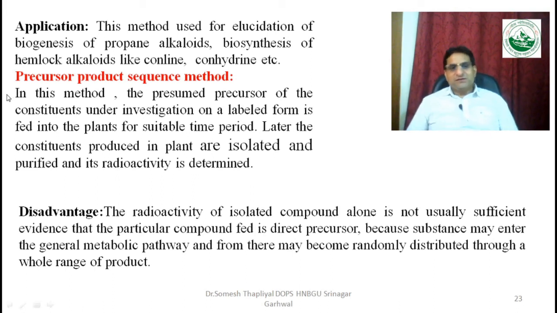But the disadvantage of this method is that the radioactivity of the isolated compound alone does not give sufficient information about the compound as a direct precursor, because in the chemical reactions of the metabolic pathway, it may be randomly distributed throughout the whole range of the products.